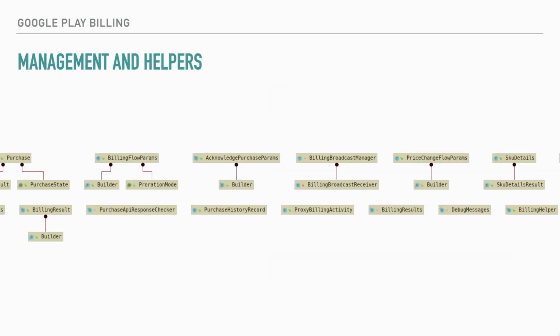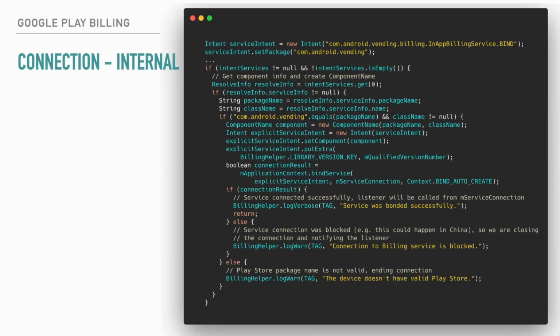At the same time, here we can see an example of what happens behind the scenes. If you use the Google Play Billing Library to do something seemingly simple, like setting up a connection to the Google Play infrastructure, which is a 2 or 3 liner in Google Play Billing, these kinds of things happen behind the scenes. So we're launching a new vending intent to go to the in-app billing service.